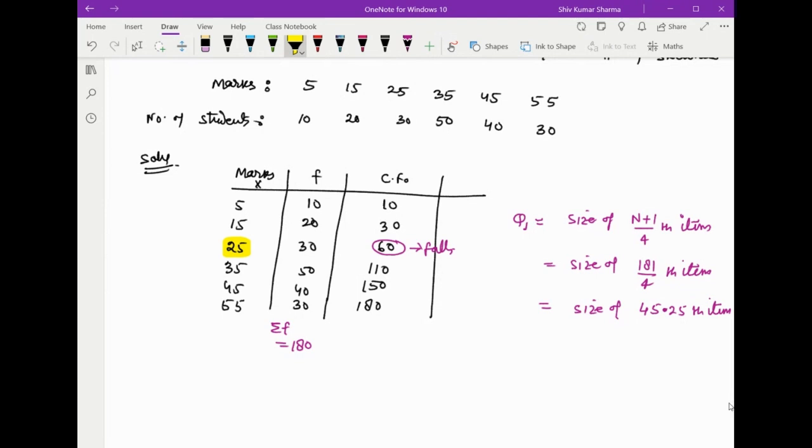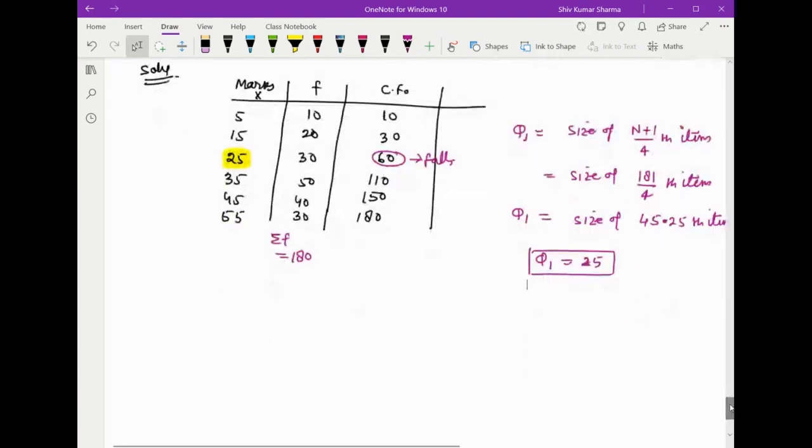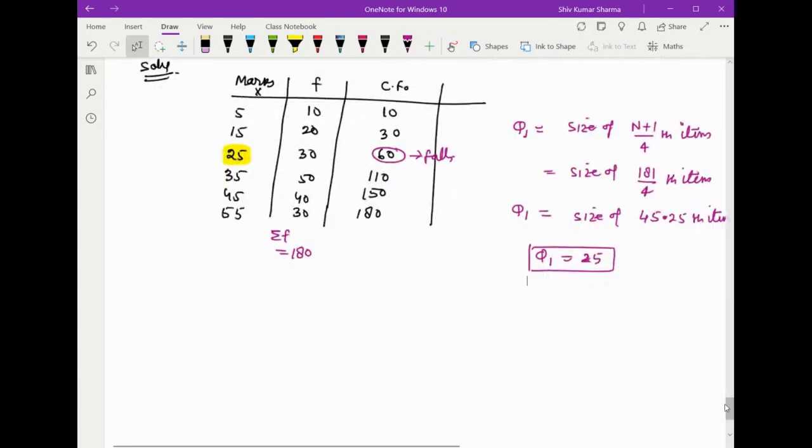So quartile 1 is equal to 25. Now we calculate quartile 2, that means median. Because we need the median also, how to calculate quartile 2? Calculate the value of median.